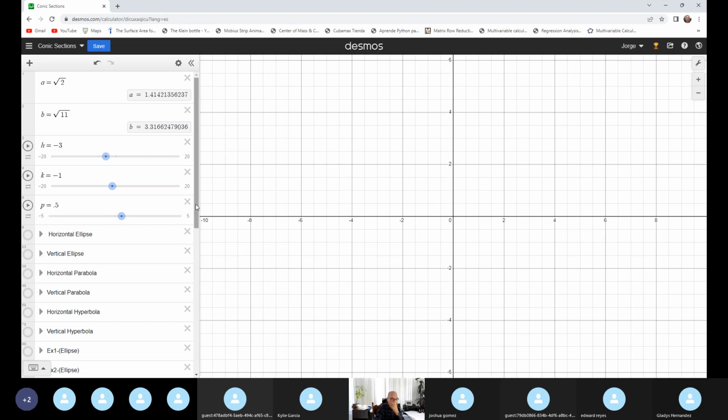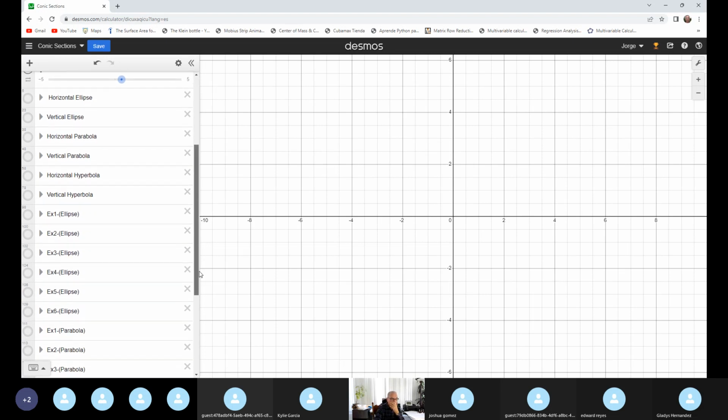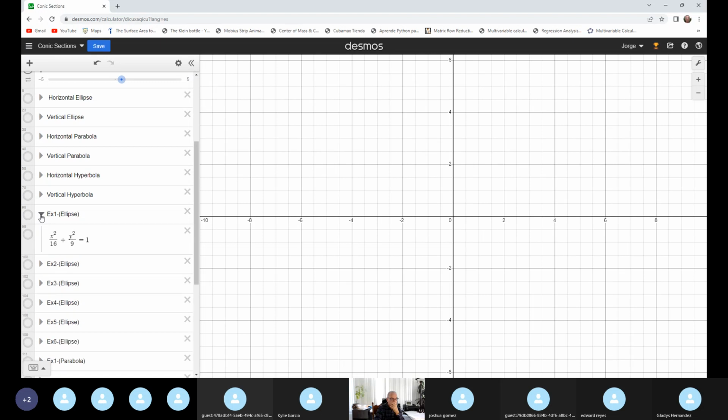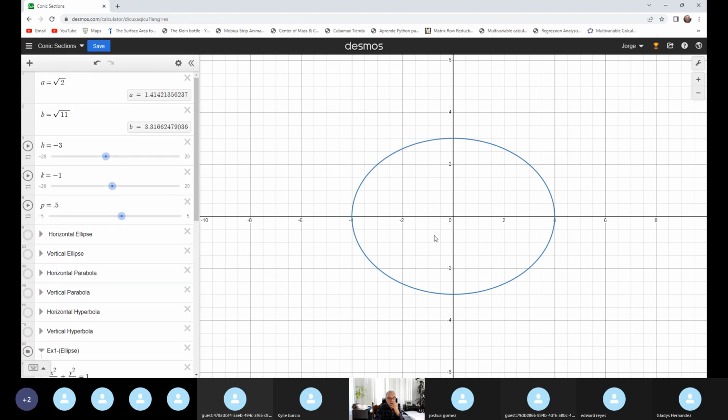I have this example 1 here: x squared over 16 plus y squared over 9 equals 1. Oh, nice, it's in standard form. I do the graph of this, true. But to complete this with a point and more, I created a script in which you define A is 4.